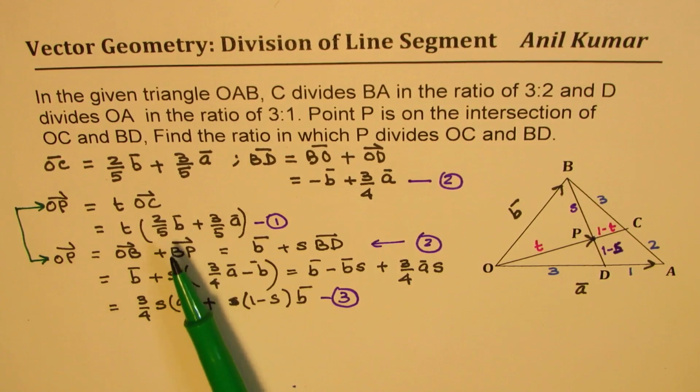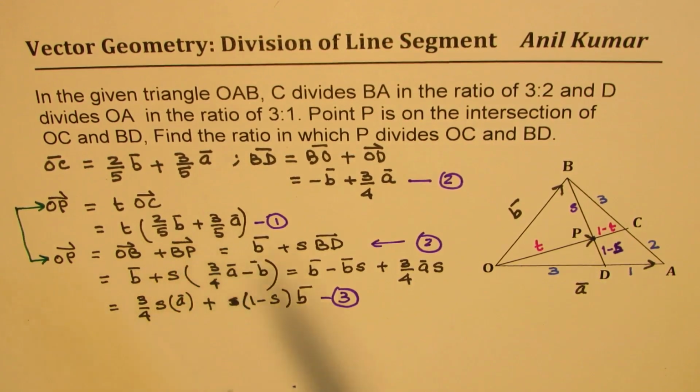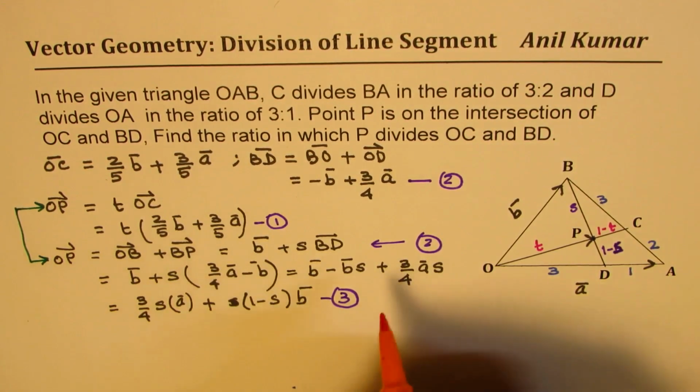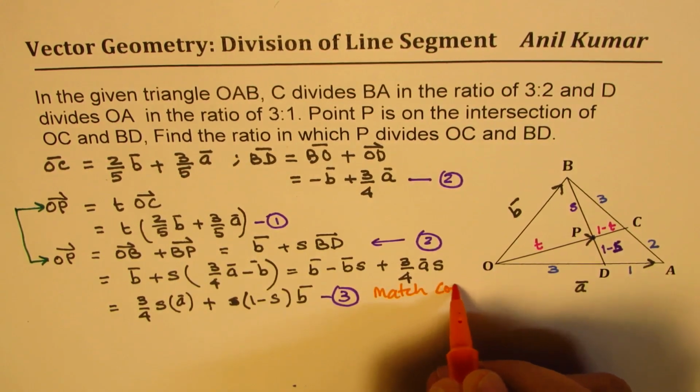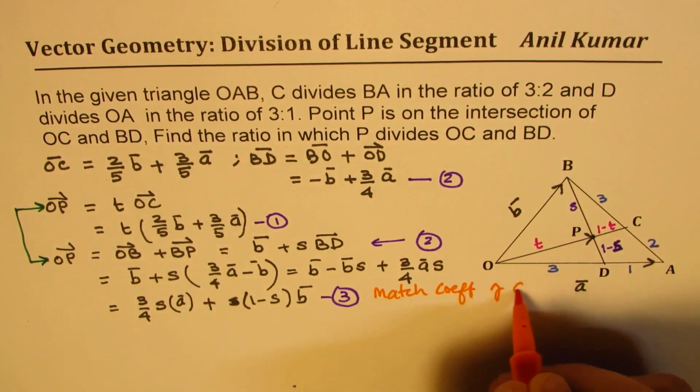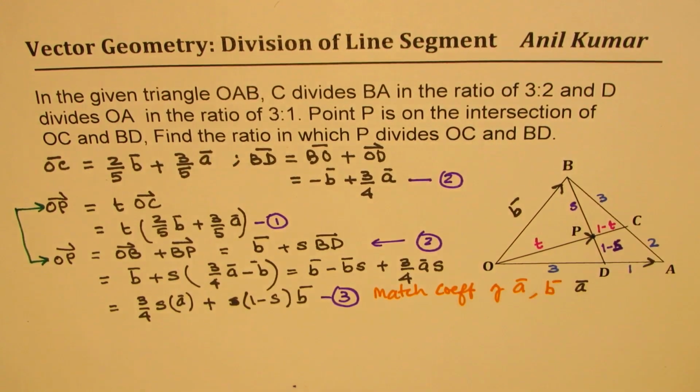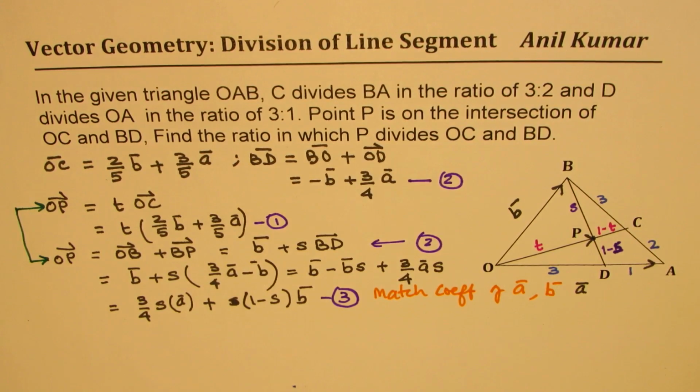From here, what we are going to do is match the coefficients of A and B and then find t and s. Got the idea, right? So the trick involved here is to match coefficients of vector A and B, right? So that is the trick. That helps us to really solve this question.